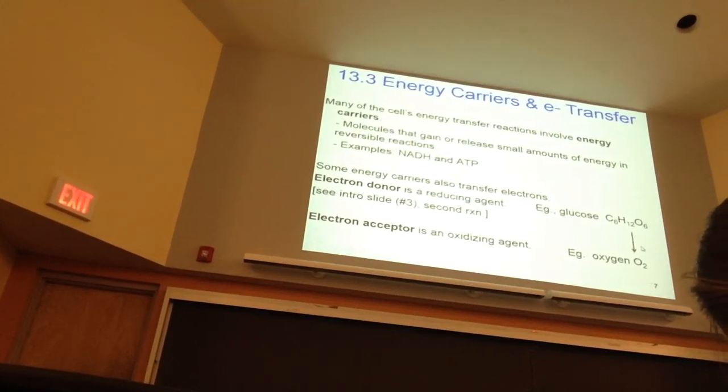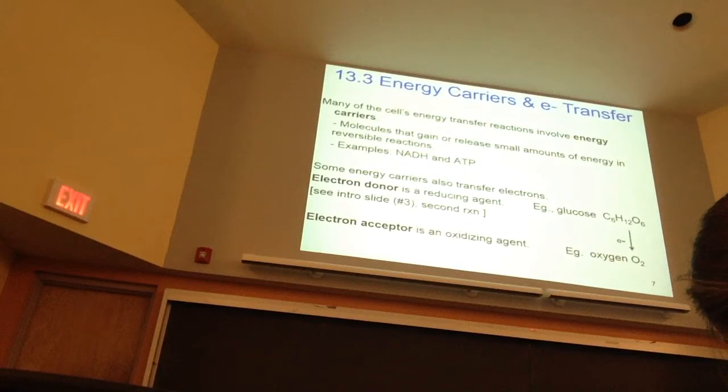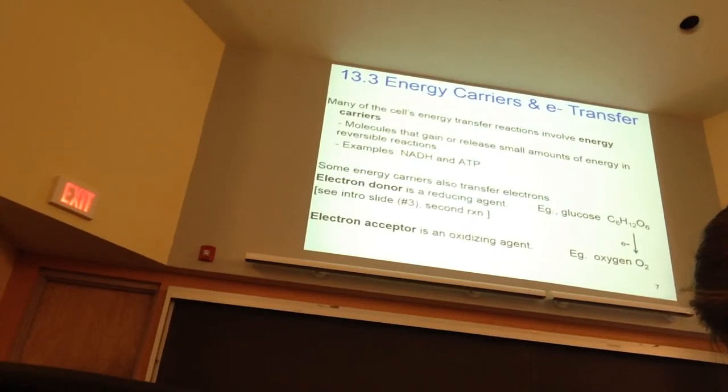And so this is then the complete oxidation to carbon dioxide, and those electrons go to oxygen, which becomes reduced to water. Oxygen is the electron acceptor. So those are two examples. The electron donor is glucose, the electron acceptor is oxygen.